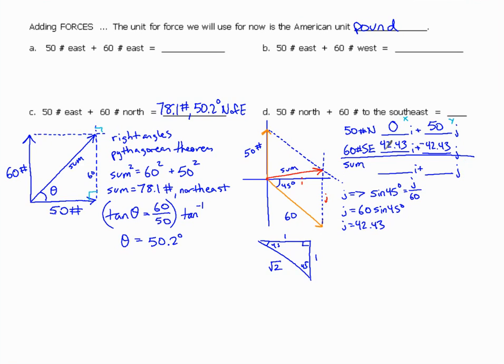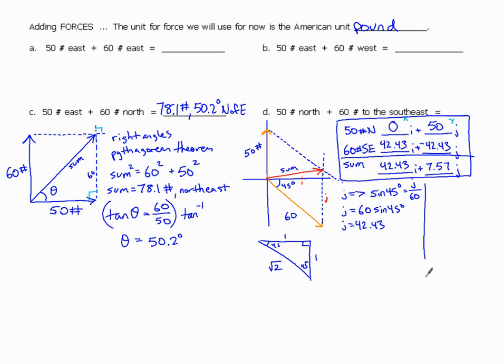So adding 0 to 42.43, this is the I component. 50 minus 42.43, and this has the j component of positive 7.53. I'm gonna box this off. This is important.